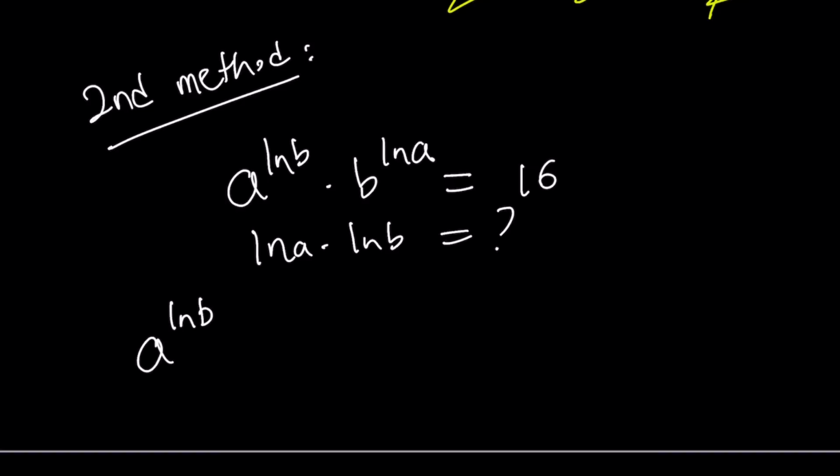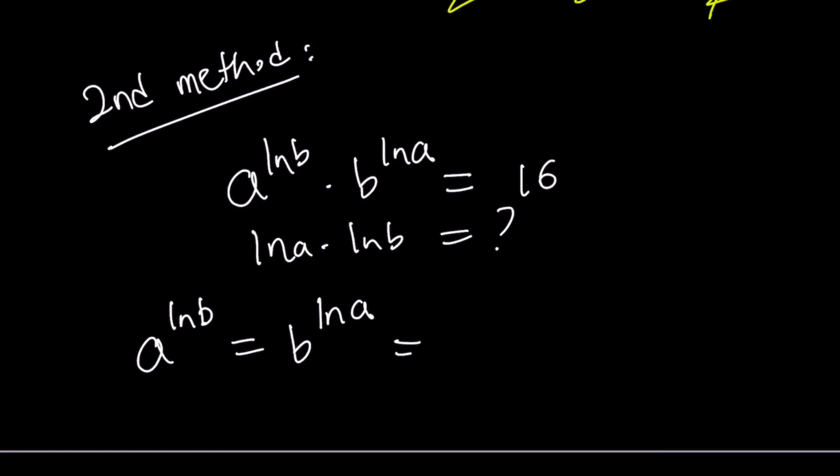Here's a very nice property of logs that we're going to use, and you should hopefully know this already. a to the power ln b is always equal to b to the power ln a. When you switch the a's and b's, you get the same thing, and you can prove that by lning both sides or using other properties of logs, but it's easy to prove.